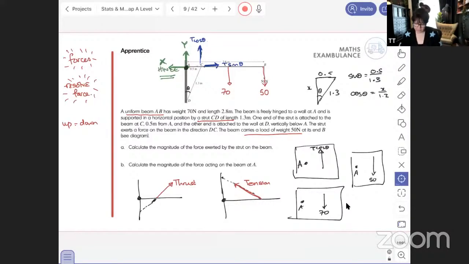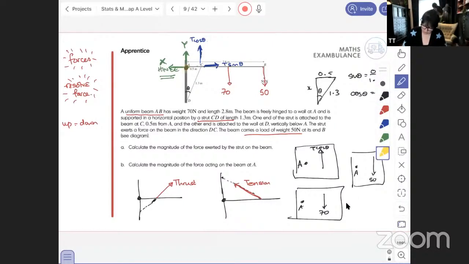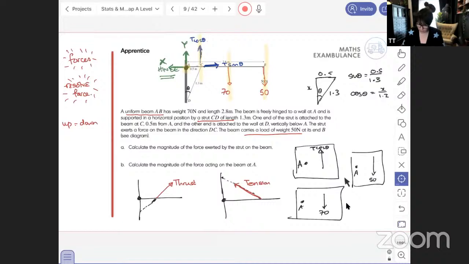All of the other forces go through A, so there's no moment. So here's A. We've got this force, this force, this force. Clockwise or anti-clockwise? This one, clockwise. This one, clockwise. This one, ooh, anti-clockwise.